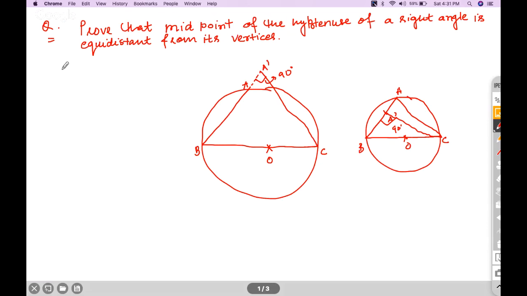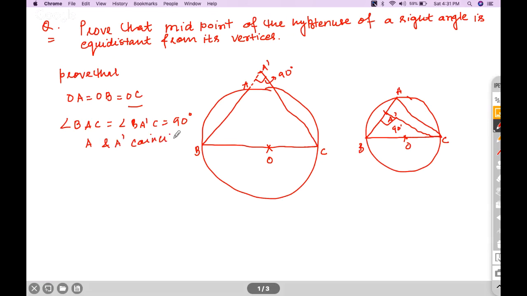What I have to prove is that OA is equal to OB is equal to OC. So for this proof, these 2 points, I just have to write that BAC is equal to BA dash C, in both the cases, is equal to 90 degrees. It can only happen when A and A dash coincide on each other.